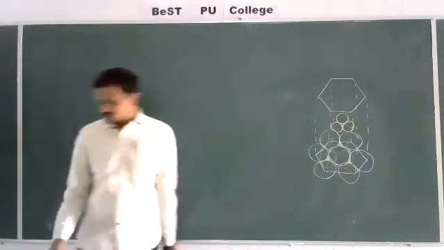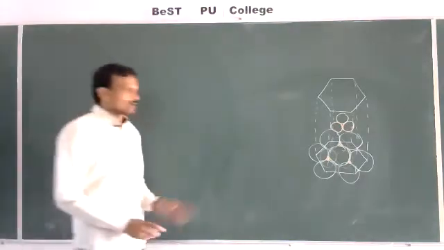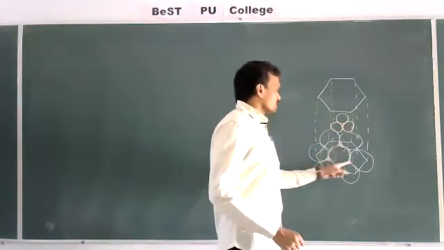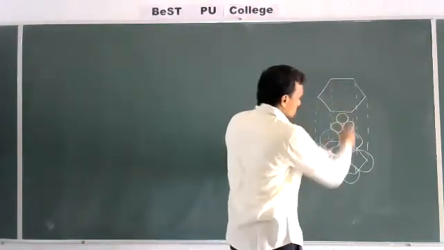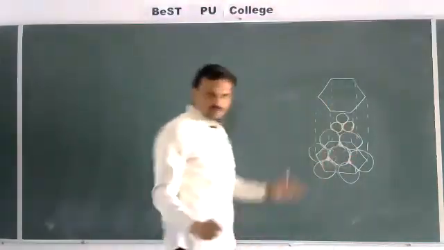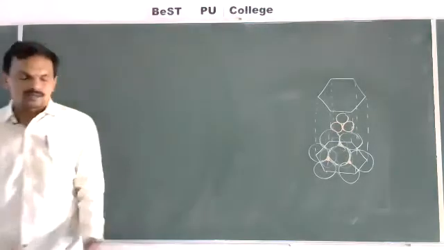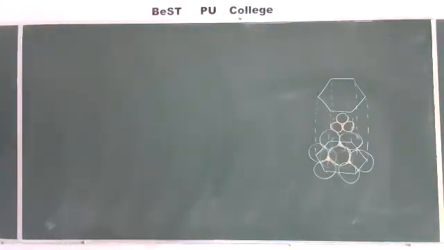So out of 6 tetrahedral voids, only alternate tetrahedral voids are covered by 3 particles. Above this hexagon, the same position will be there. This is the arrangement of particles in hexagonal close packing.